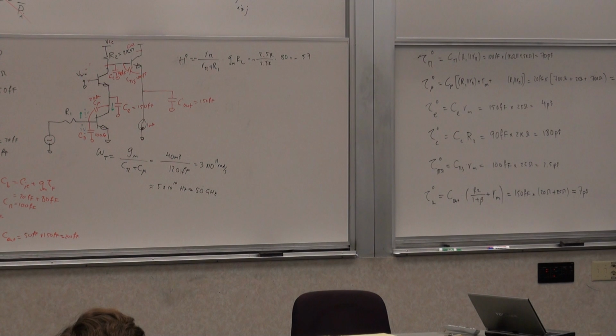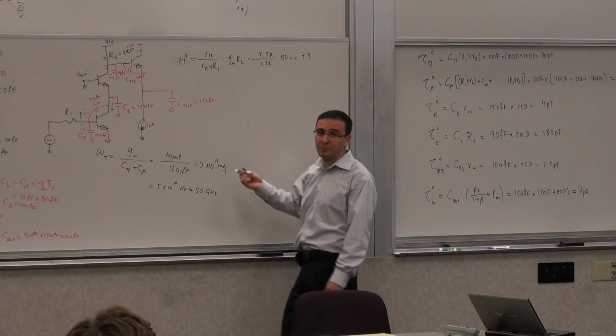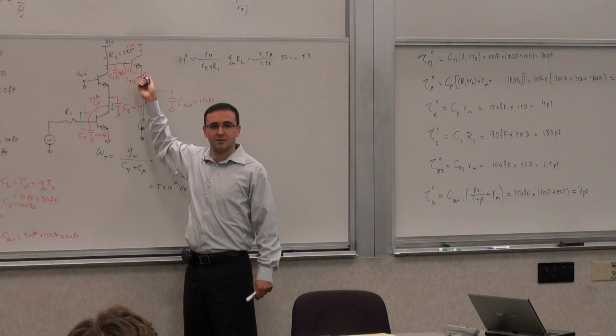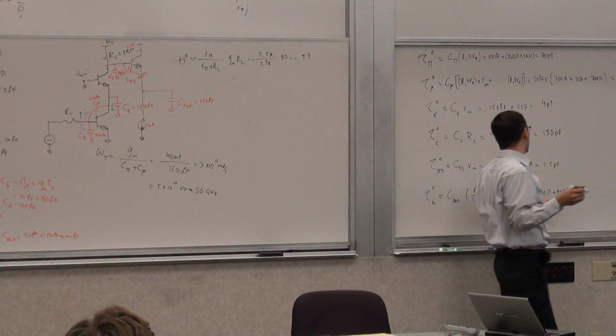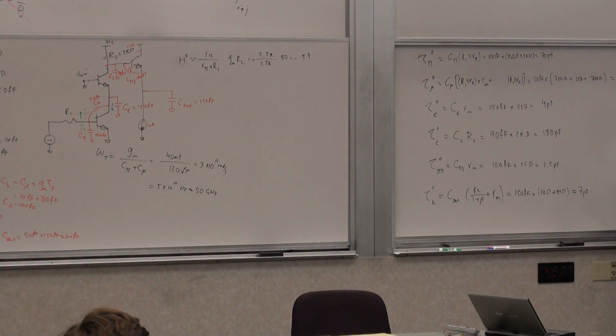Okay, that improved, right? Because I isolated my resistance from the output. Remember, it was because of the RL, but now RL is reduced by a factor of beta. So I made it 2 kilo ohm into 20 ohms. And then I also added another 25 because of the transistor itself. So that's 45. So that improves substantially.